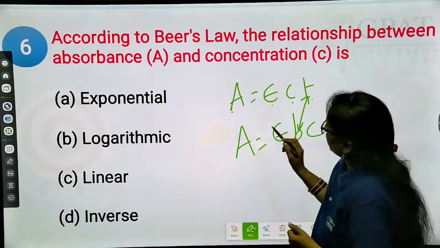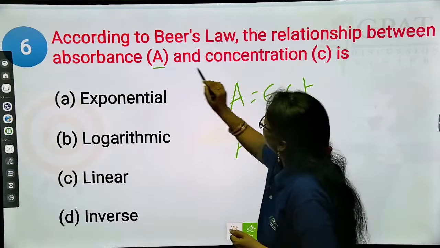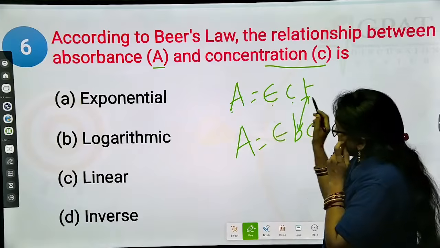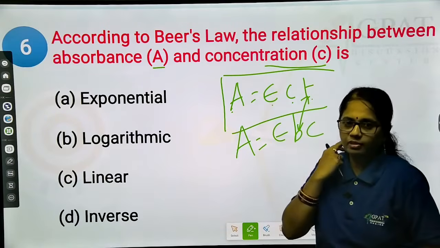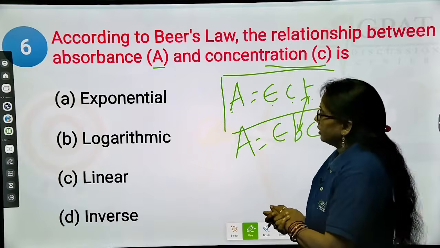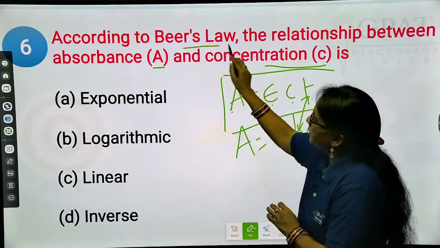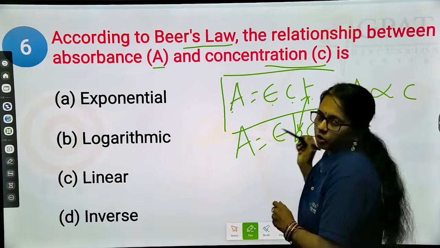Okay. So here if you observe, according to Beer's law, the relationship between the absorbance and concentration. This is actually the combined equation for the Beer's-Lambert's law. Path length and concentration both are clubbed in the one equation. But according to only Beer's law, absorbance is directly proportional to the concentration.